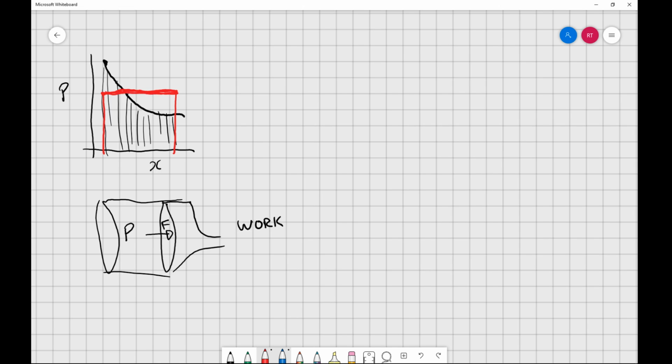Now all of a sudden we have a shape that we can calculate, because we can find the area underneath that and quantify it as an amount of work. We call this the MEP, or the mean effective pressure.